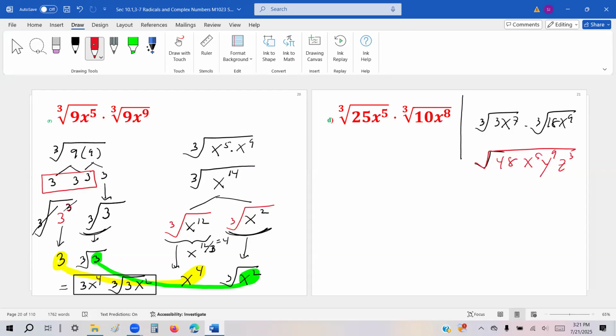The number, yeah. 4 you also have. So which one's getting, so you see 2 twice and 2 twice. It's 2 times 2. Yeah, that's what I did.